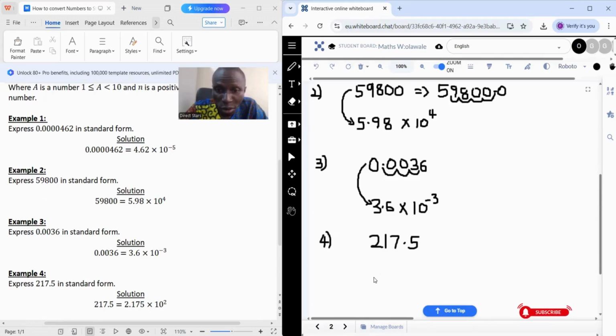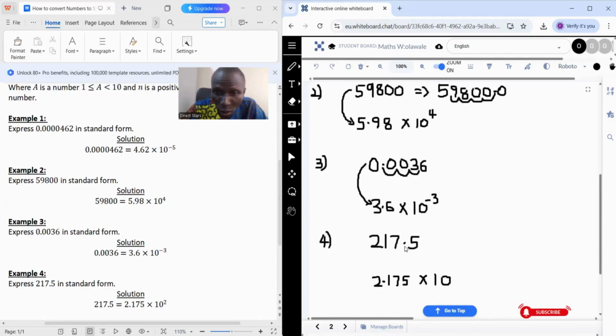I'm going to have that to be 2.175, as this is less than 10. Then times 10. So we want to know the power. Now we're going to get the power from the original number, 217.5. We want to know the number of places we move the decimal point to make it 2.175, which is the first number in the standard form.